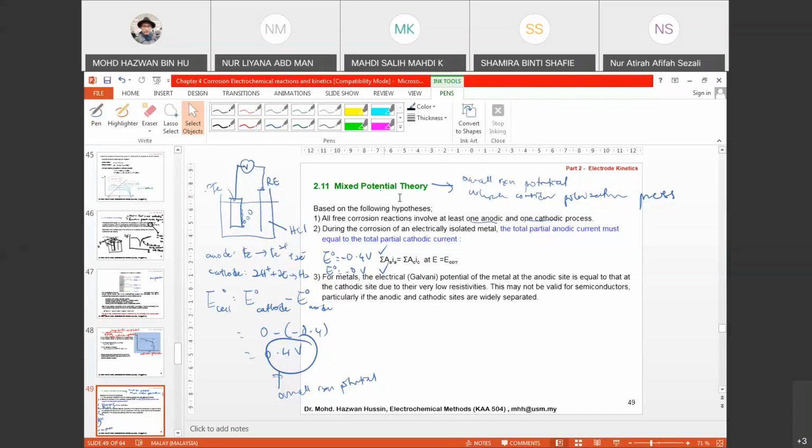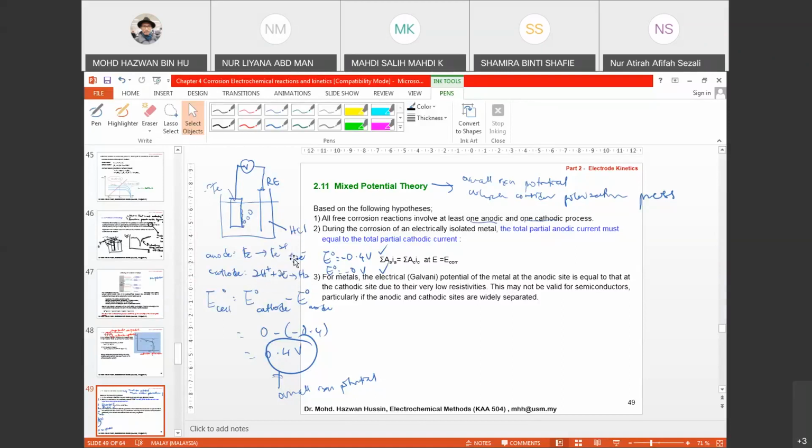So how to explain mixed potential theory? Imagine that you have iron dipped in acidic solution and connected to a reference electrode. During this process, iron will be oxidized to form Fe2+, and in acid the cathodic process will be the formation of hydrogen gas: 2H+ + 2e- forms H2.